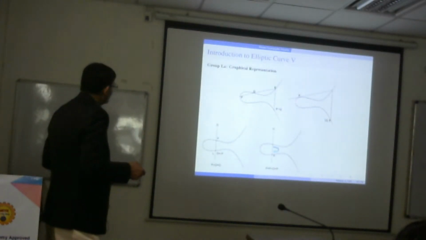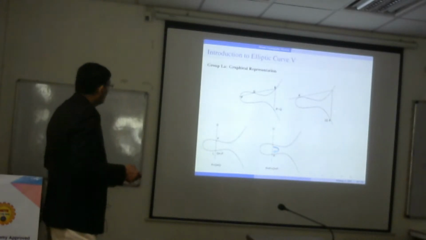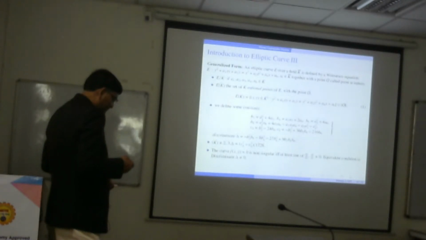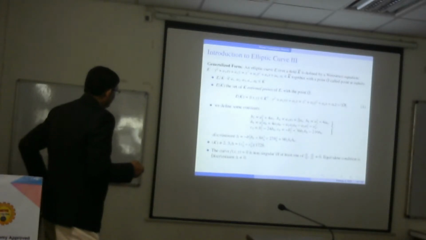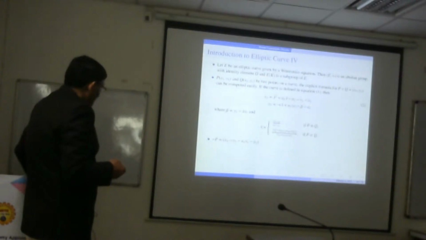Graphically, suppose we want to add P and Q. You have seen that the elliptic equation is a cubic equation, y square plus something equal to x cube plus 3x square, so it is cubic in x.